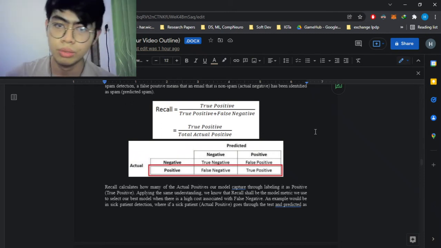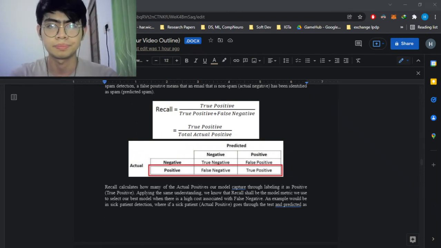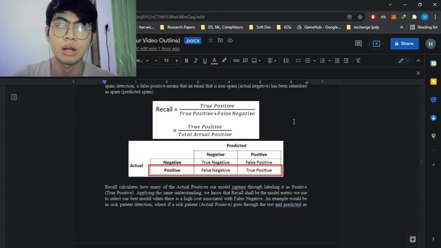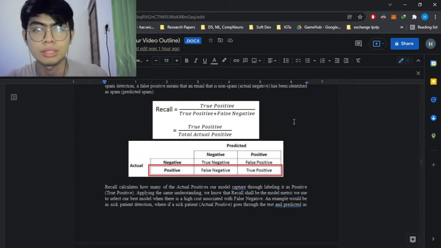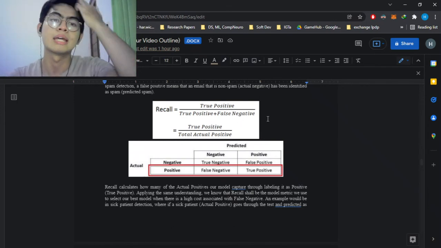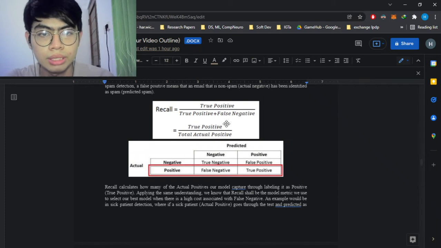So essentially, recall is what proportion of actual positives are correctly classified, like true positives from the total actual positives. And as you can see right here, it is true positive over true positive plus false negative.